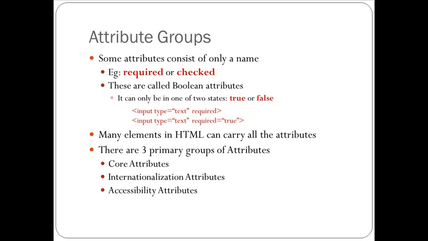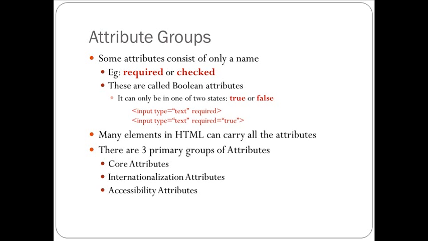And I might also point out here, I was talking about the quotes before, so if you copied this and tried to use it in your code, this has those curly quotes. Many of the elements in HTML can actually carry all the elements that there are. That doesn't mean that they all do, but many of them can.